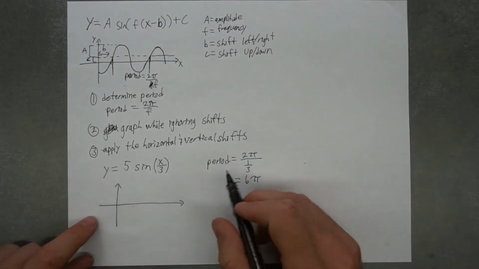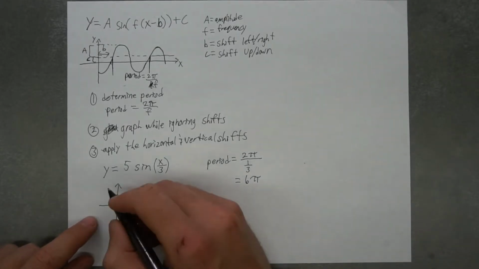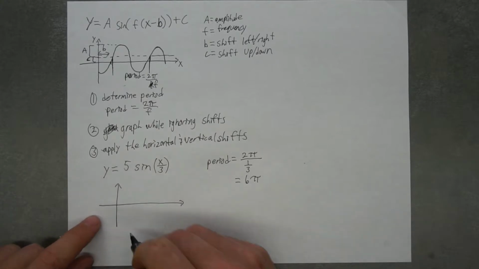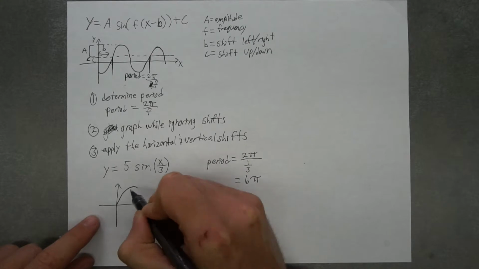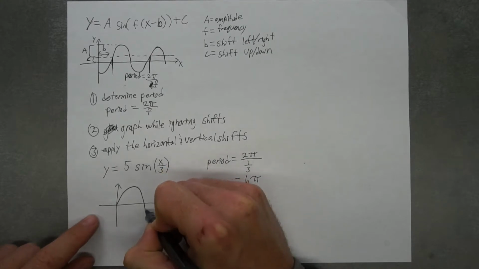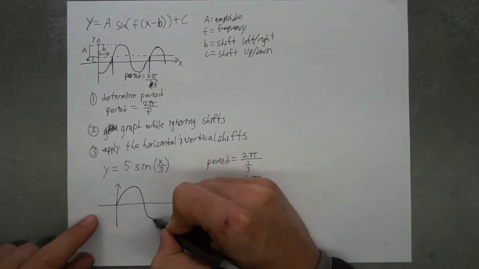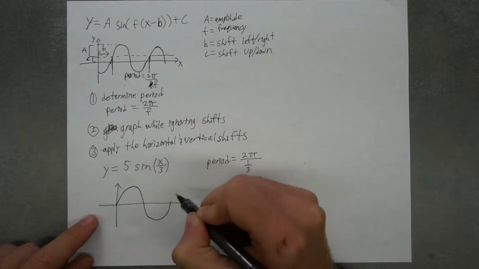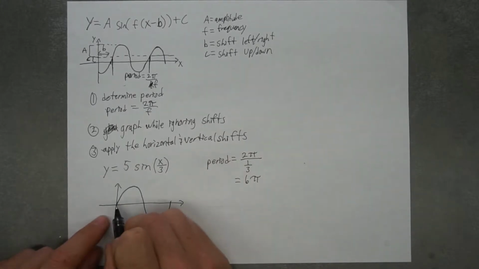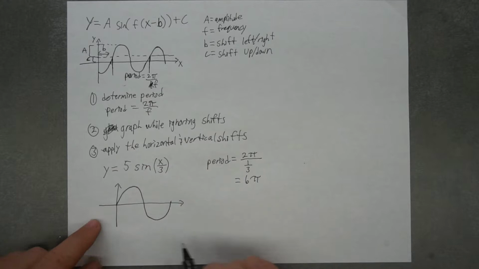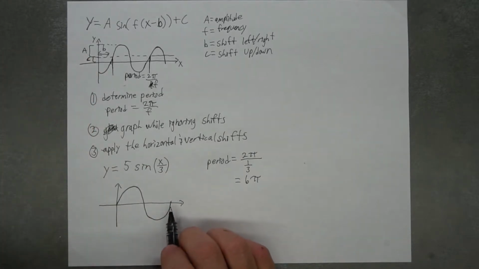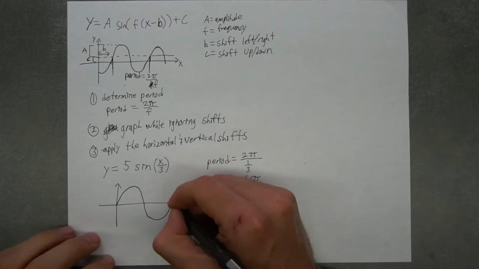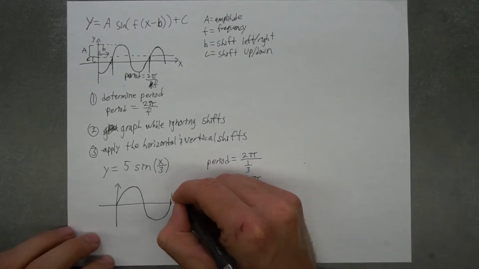Now, we can draw one cycle of sine. The parent graph of sine starts at the origin. So we are going to graph it by going up, coming back down through 0, and going back up. So this is one cycle. It goes from the x-axis back to the x-axis. This is one cycle or one period. So we know that one period here is going to be 6 pi.